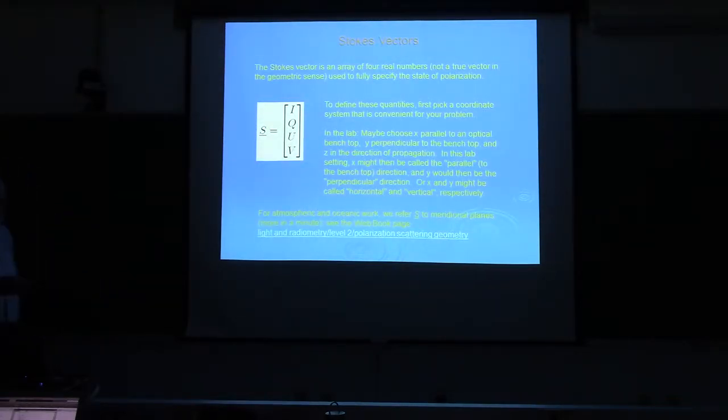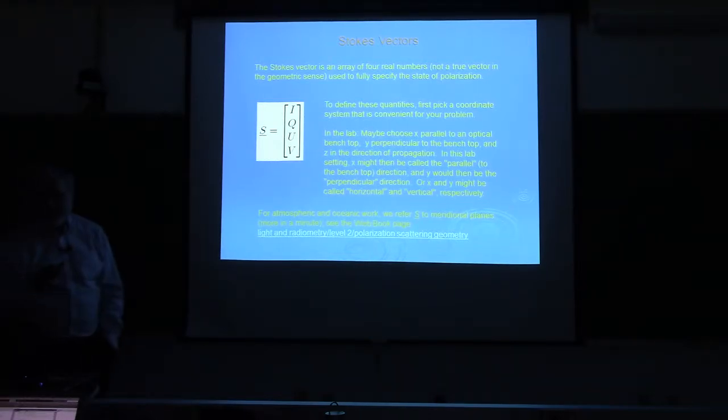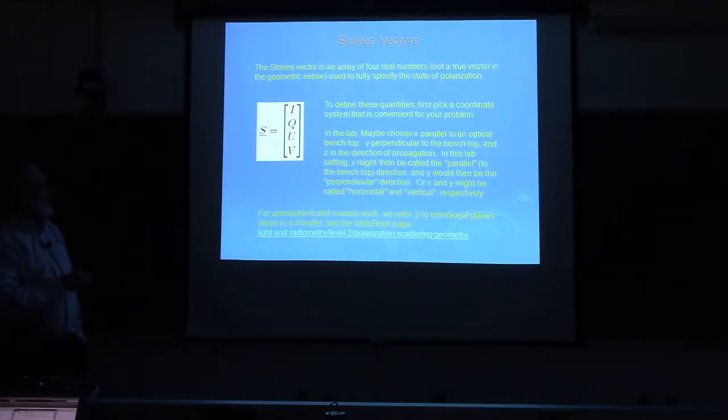Okay, so as Ken said, polarized light is described by this 4-element array of numbers, I, Q, U, and V, which is usually called the Stokes vector, although it's not really a vector pointing in three-dimensional space. It's just an array of 4 numbers.